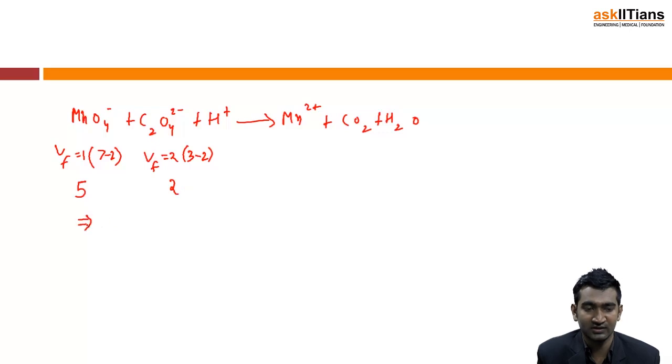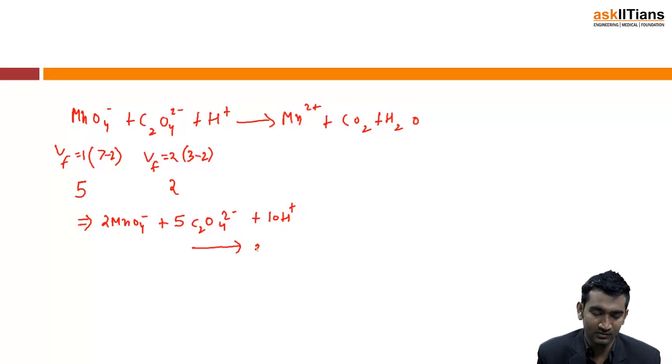So my equation will be like this: twice MnO4 negative plus 5 times C2O4 2 negative plus 10 times H plus gives twice Mn2 plus, 10 times CO2 plus 8 times H2O.